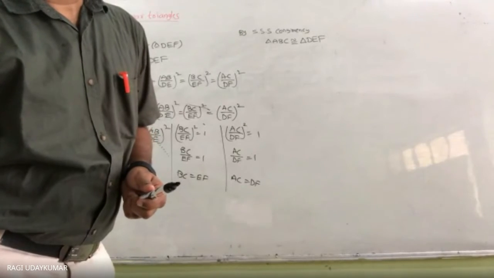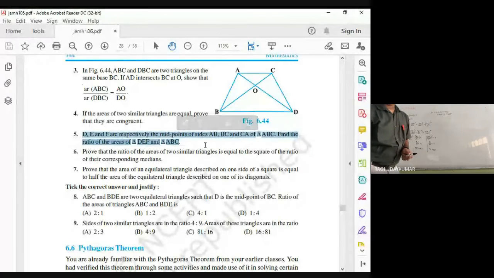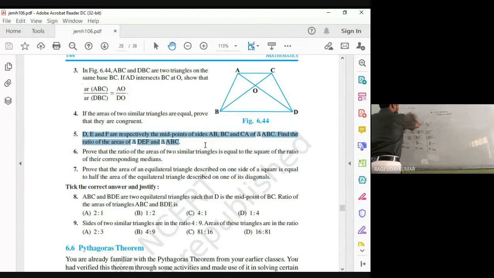So the next question here, it is given to you. D, E, F are respectively the midpoints of AB, BC, CA of triangle ABC. Find the ratio of the area of triangle DEF to triangle ABC. Actually, this question you have previously solved in 9th class only.